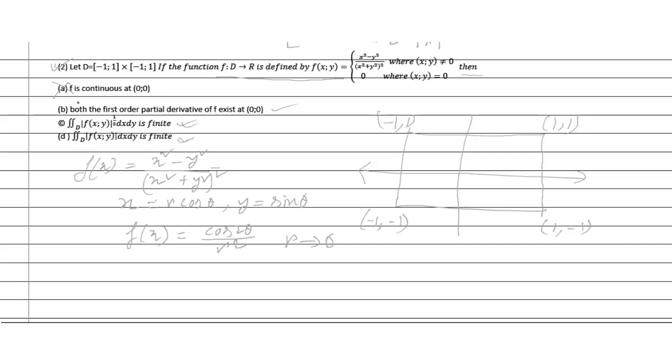Simple. And similarly, the statement that first order partial derivatives exist is also wrong. Why, friends?